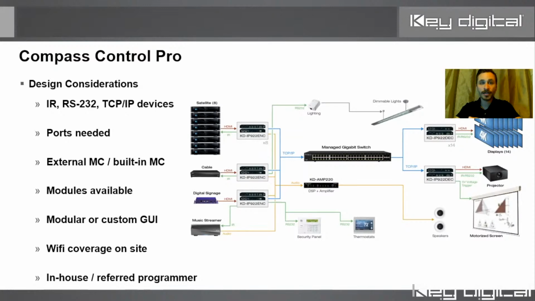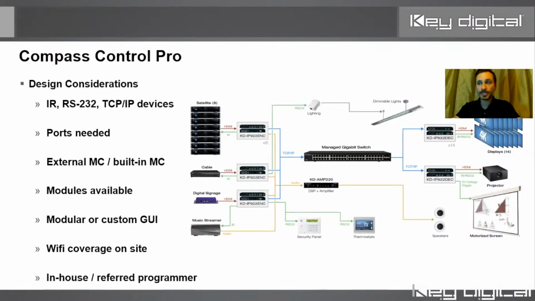You combine all the IR and RS-232 devices, and that's how many ports you need in your control hardware. Some hardware is built in, some hardware is external if you're not working with our 4K AV over IP system, for example. Then you consider the other devices.